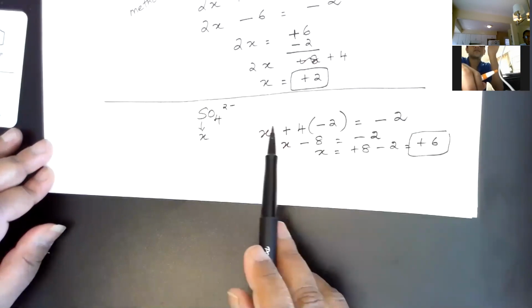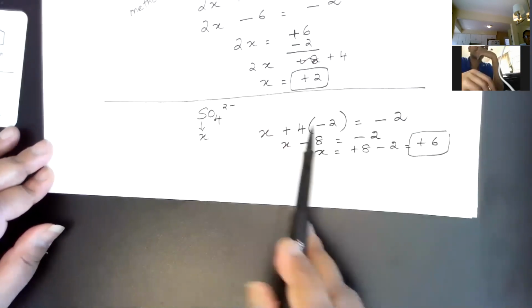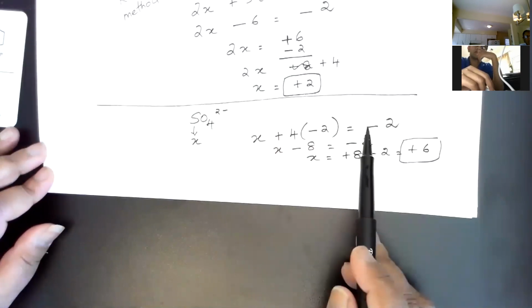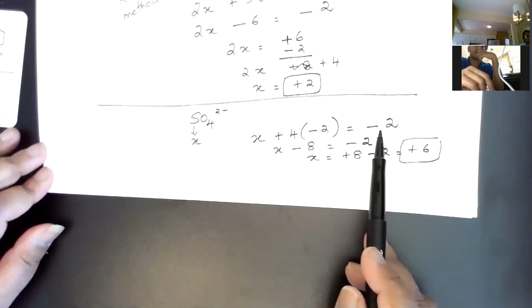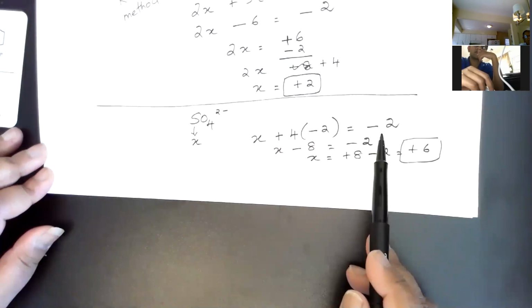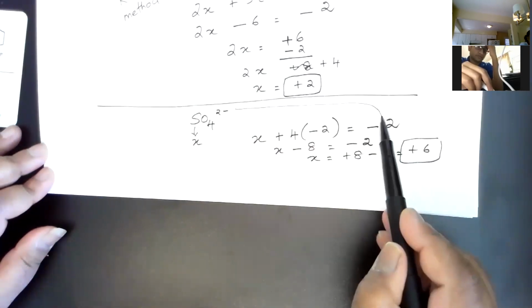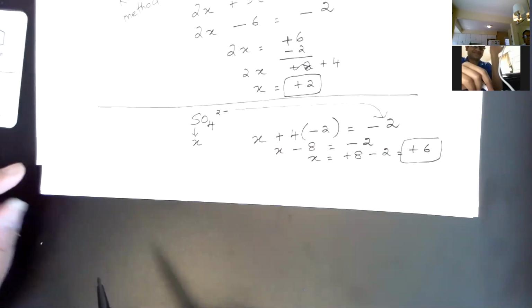The sum of these charges, because it's not a neutral ion, equals the charge on the ion. This net charge is the same as that.